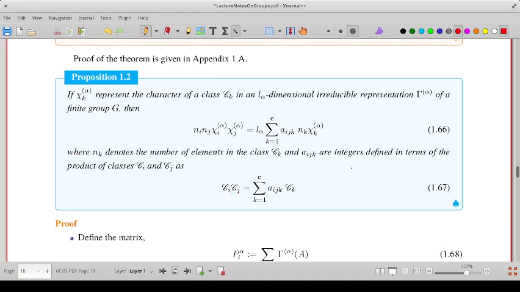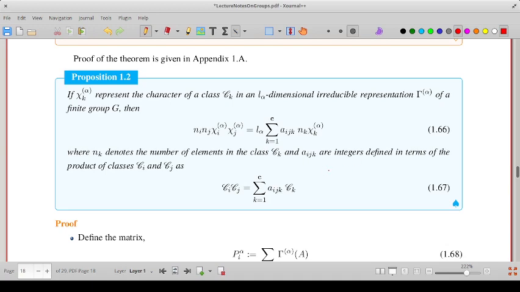Remember the class product that we defined earlier. We take the elements of Ci and Cj and multiply all of them, and if a particular element of the group appears more than once, we keep them there in the product.